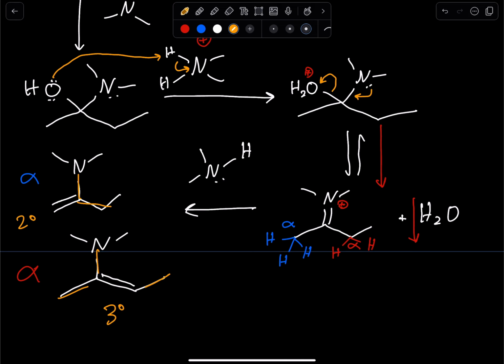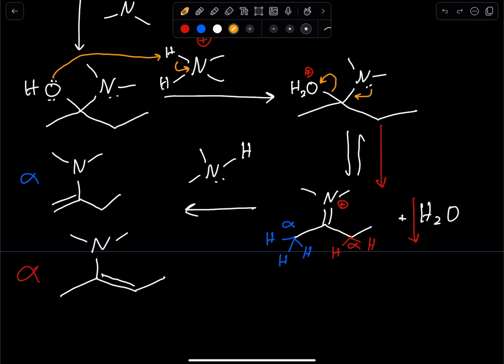And that's an argument from thermodynamics, meaning we want to make the more stable product. However, the rate of that reaction to make this is slower, for the reason that when you want to take a red proton away, we only have 2 red protons, but we have 3 blue protons. So we actually want to deprotonate this one as the major product because there's simply more protons to take. So the reaction will proceed faster, right?